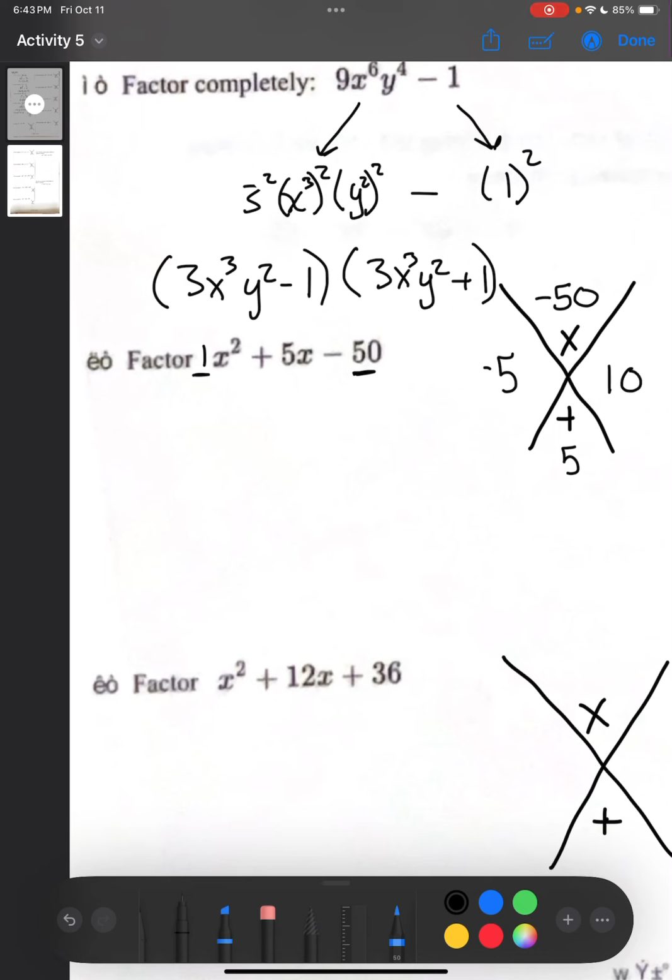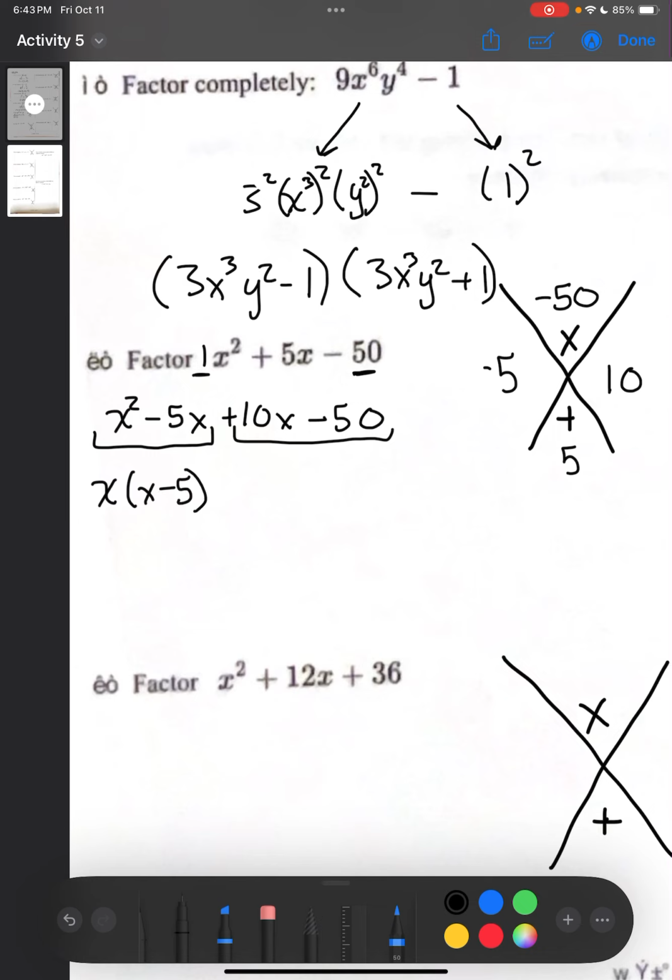And with that, you should be able to write this problem as x squared minus 5x plus 10x minus 50. And this is when you do that grouping, and you bring an x out on the first one, which is x minus 5, plus 10 times x minus 5, which brings you to x plus 10 times x minus 5.